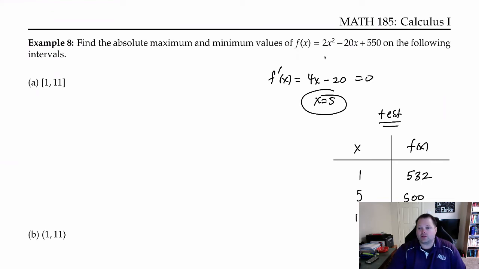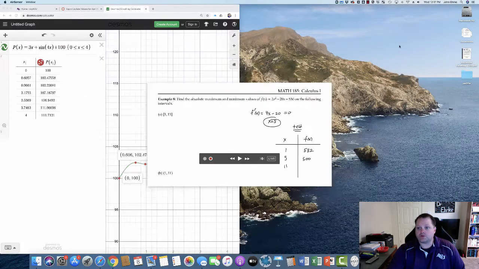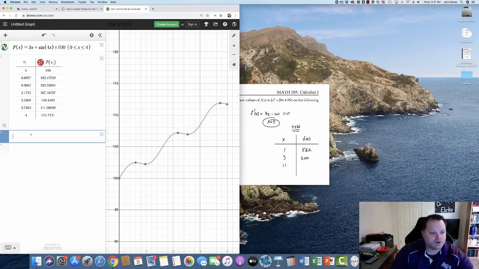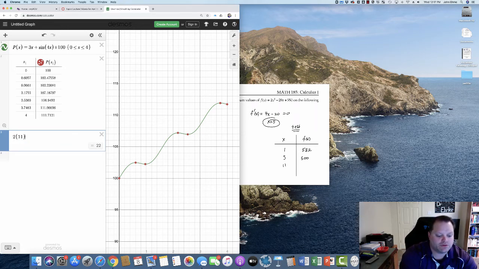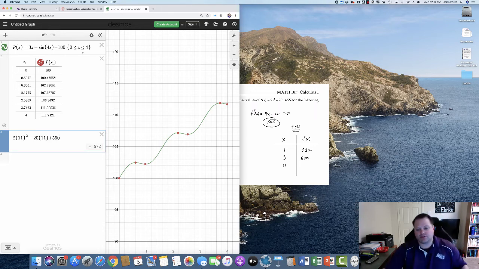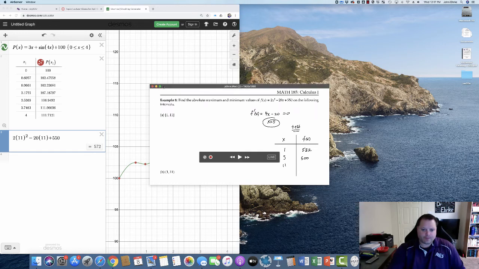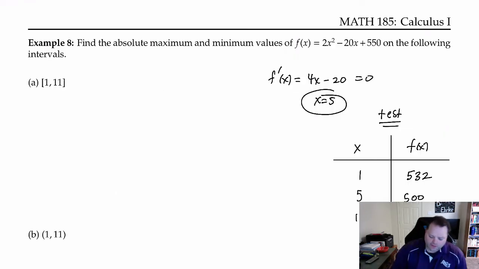And if you plugged 11 into the function, I'm going to need Desmos to help me with that one. Don't want to do that one off the top of my head. So you would have 2 times 11 squared minus 20 times 11 plus 550, so 572. All right, so you'd have 572 at the right endpoint.